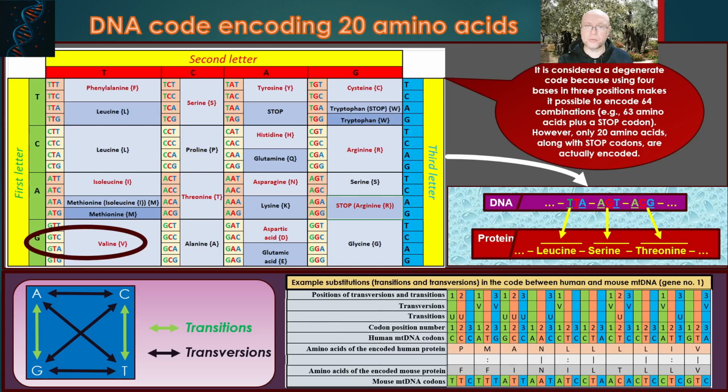Substitutions within a group, that is between A and G and between T and C, occur more frequently and are called transitions. Substitutions between groups occur less frequently and are called transversions.